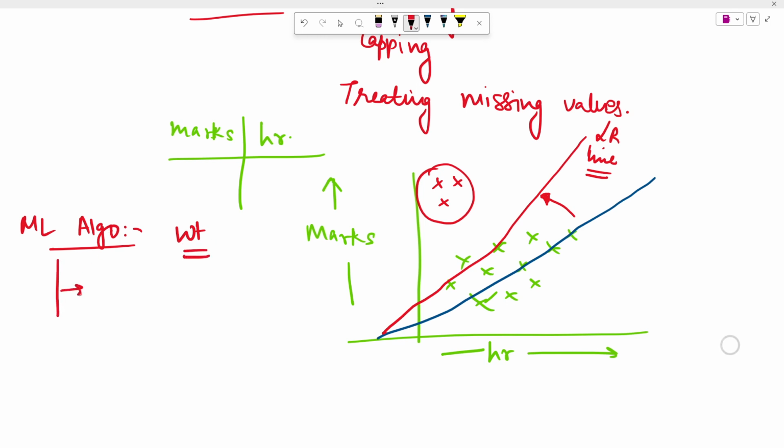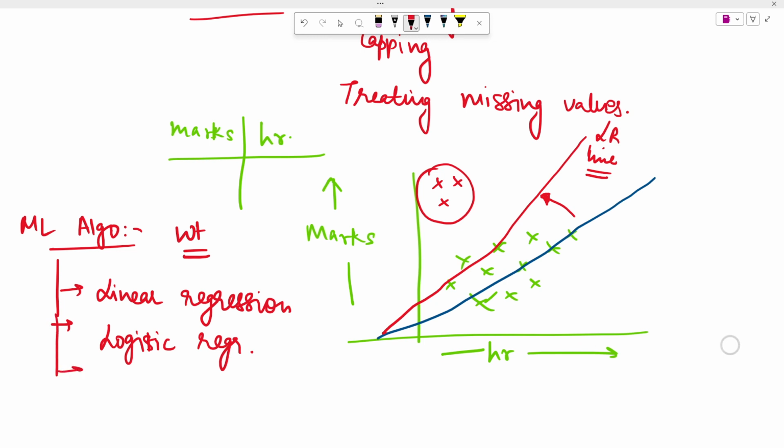Some of them are linear regression, logistic regression, then a famous technique in ensemble algorithms, AdaBoost. Then we have deep learning algorithms.